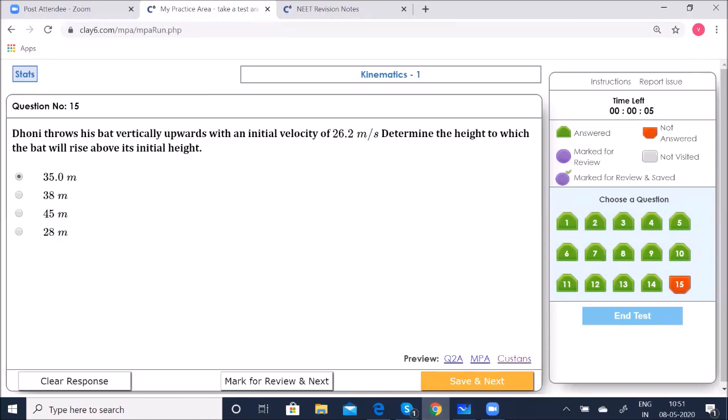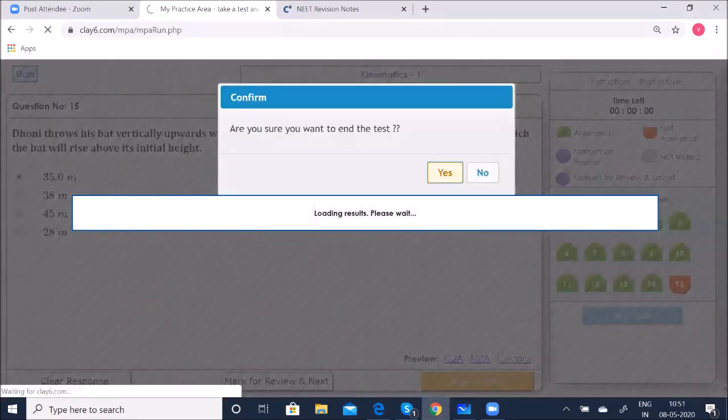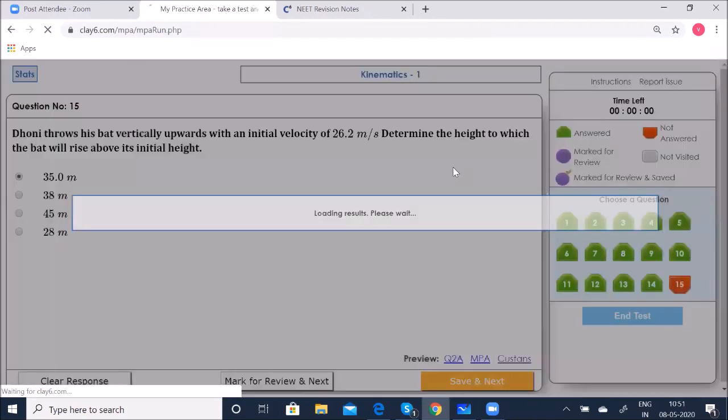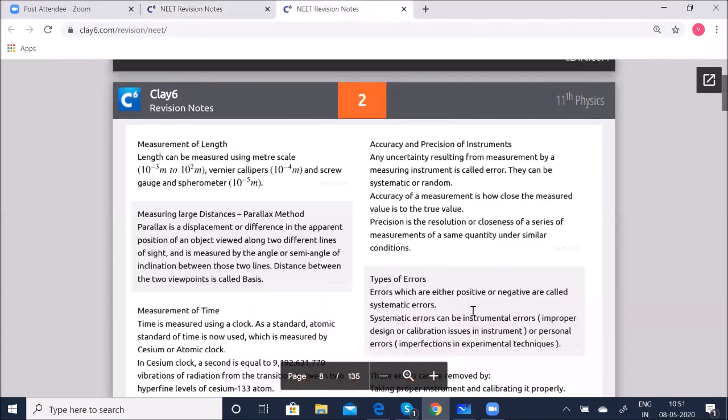Okay, so now we have completed the test. Let's click on end the test. Yes. The results are now loading. You can see the results.